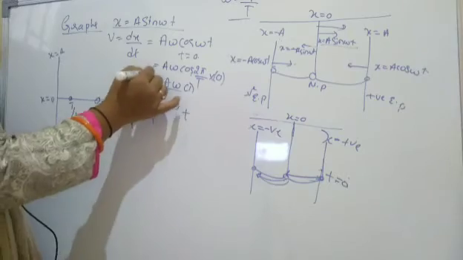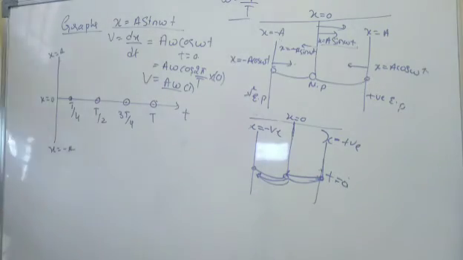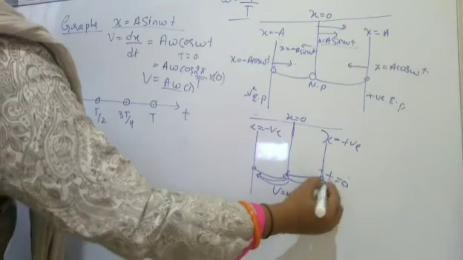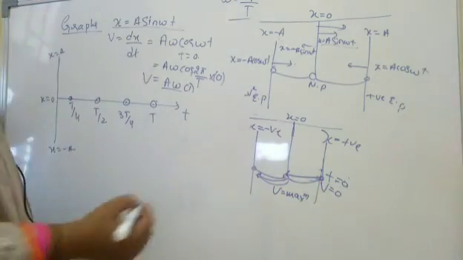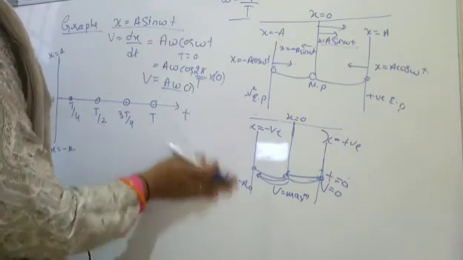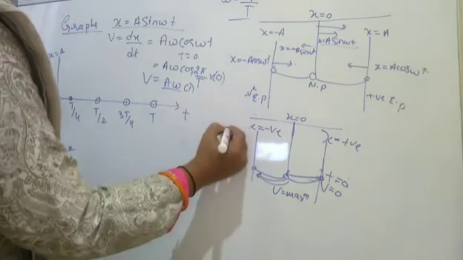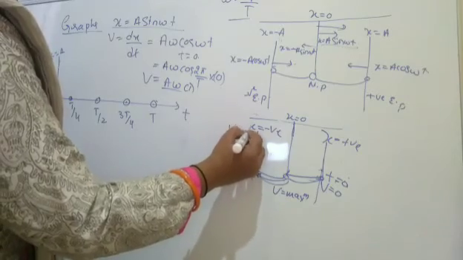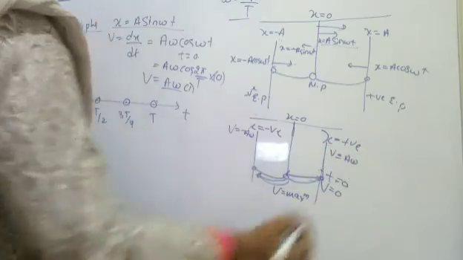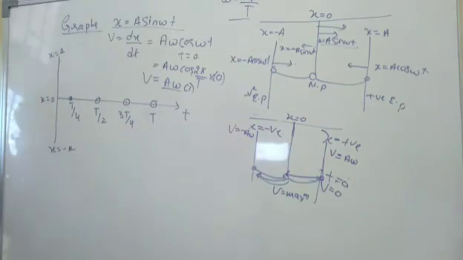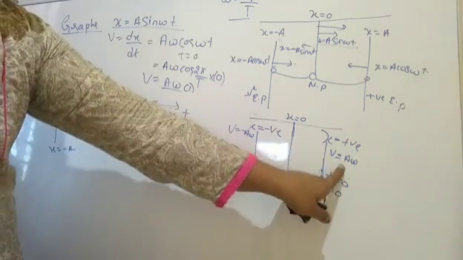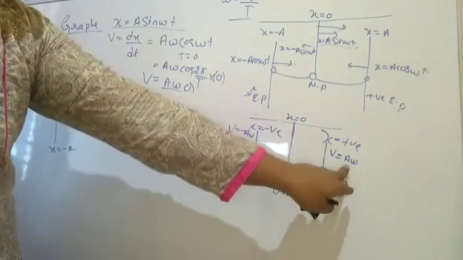So A omega here. We know the condition that velocity will be maximum at the mean position and velocity will be 0 at the extreme position. So the velocity is plus or minus A omega, maximum in the mean position, and 0 at the extreme position.